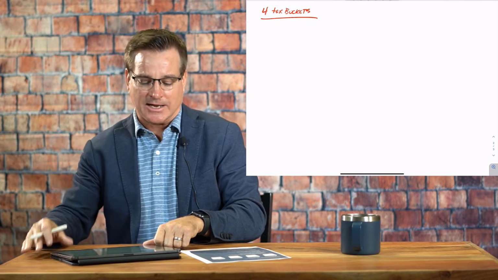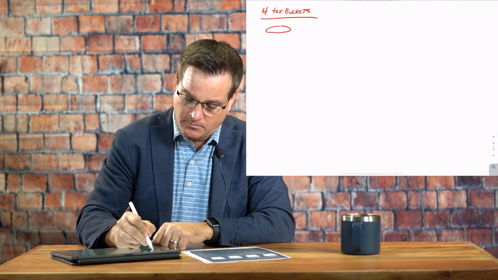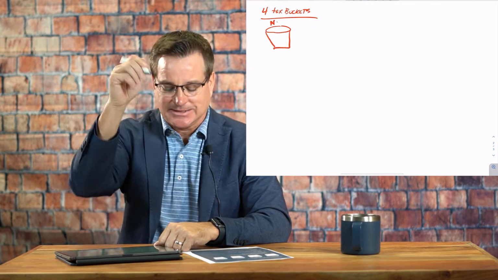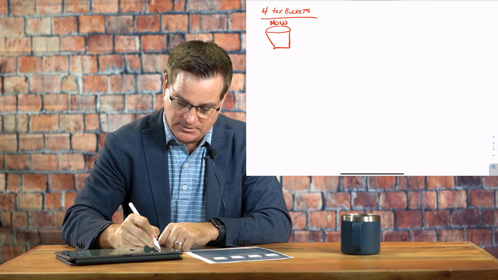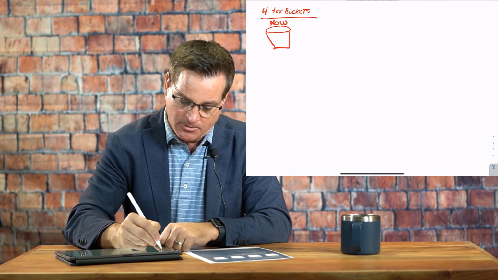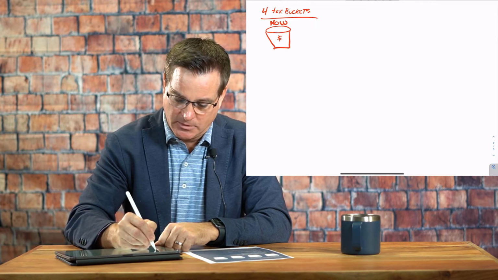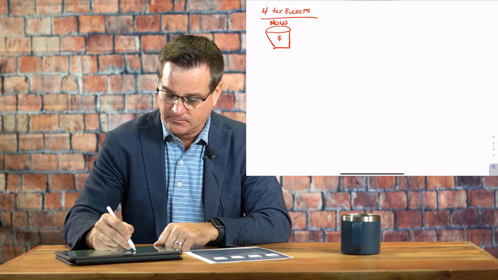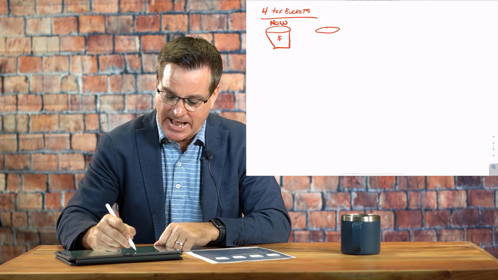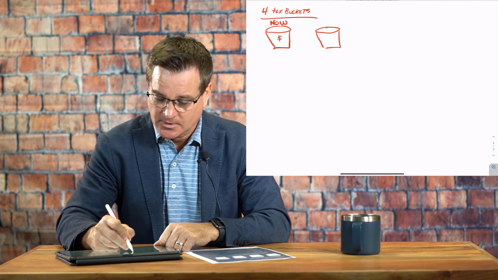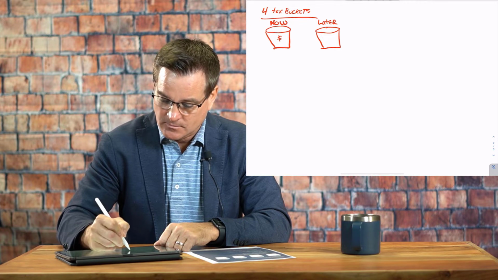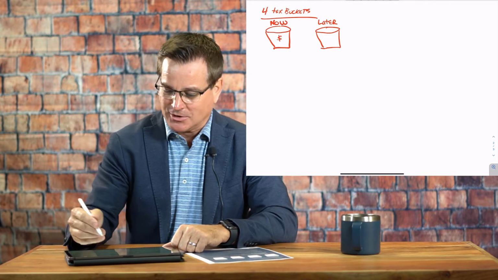So the 4 tax buckets are: number 1, we are going to talk about the taxed now bucket, okay? So this is taxed now. I'll explain in a little bit what that means, okay? The next bucket is taxed later. So we have taxed later. Apologize, I'm not the best artist here.